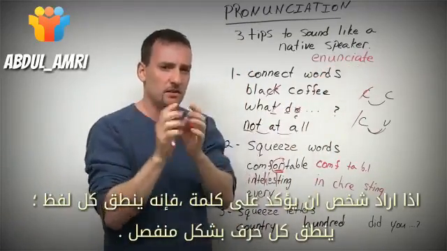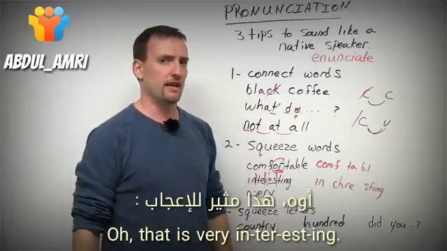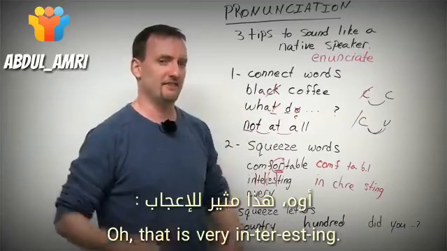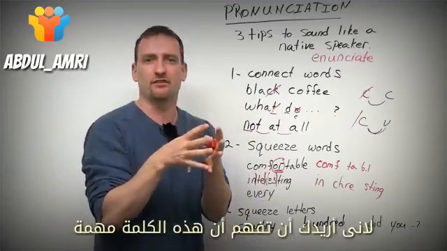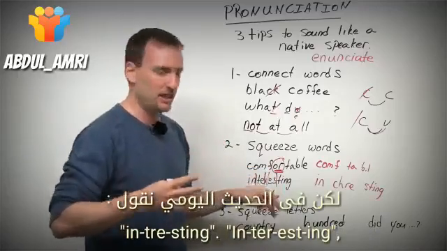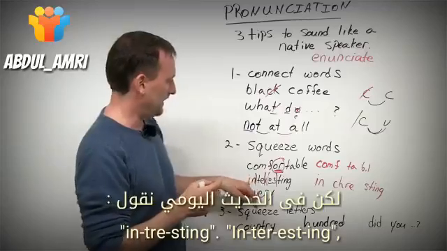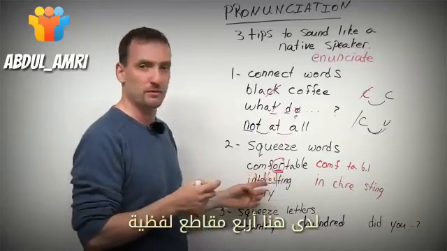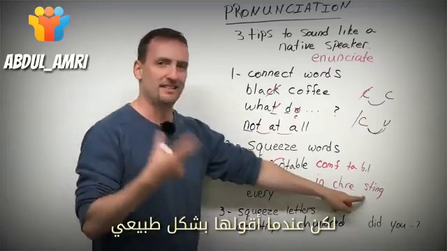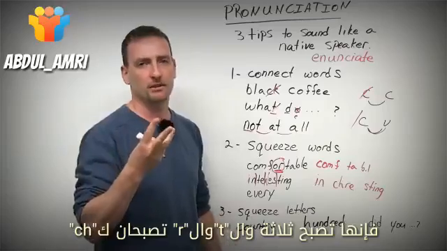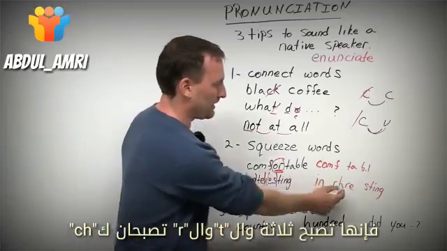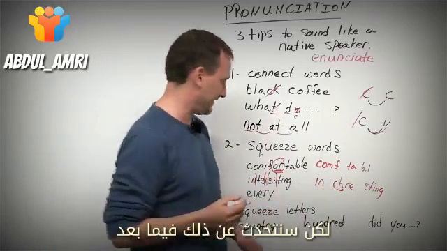They say each syllable separately. Oh, that is very interesting, right? Because I want you to understand that the word is interesting. But in everyday speech, interesting. I have 4 syllables. When I actually say it naturally, it becomes 3 syllables, and the T and the R become like a CH, but we'll talk about that next.